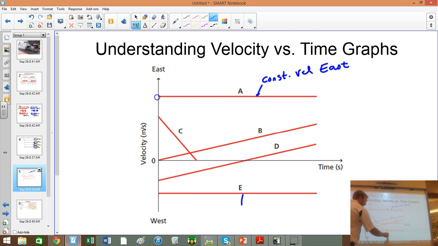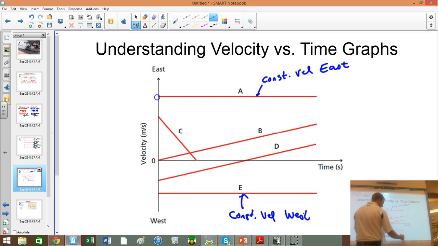Just like this one here is going at a constant velocity west. I can tell right now which one's going faster because this one's farther away from the axis, or 0 meters per second, than the other one is. Now all these other three are not changing directions, but they're changing speeds. So as time goes by, their speed is either getting bigger or getting smaller.